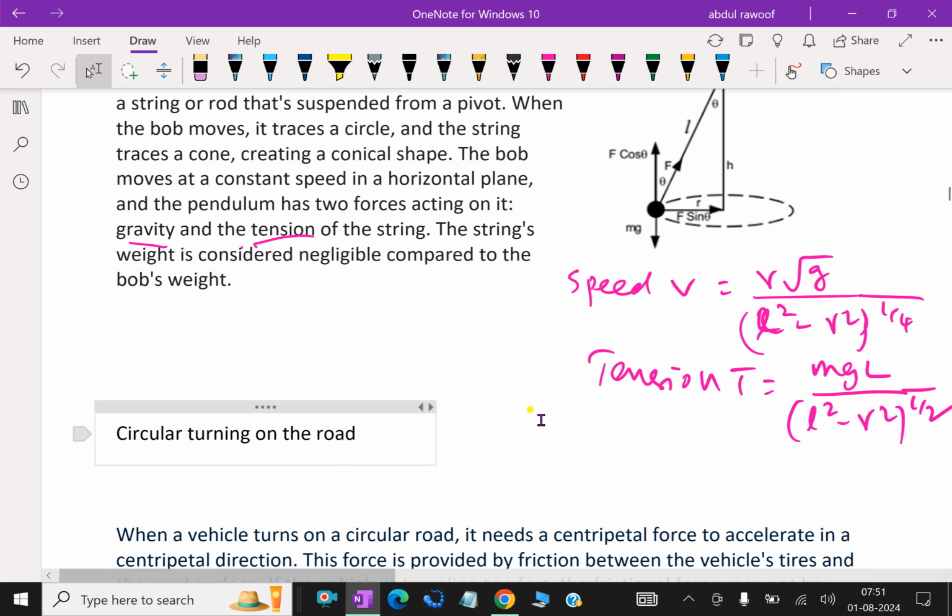This is the formula for speed and tension.